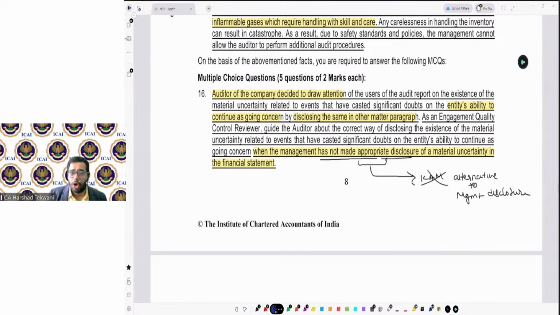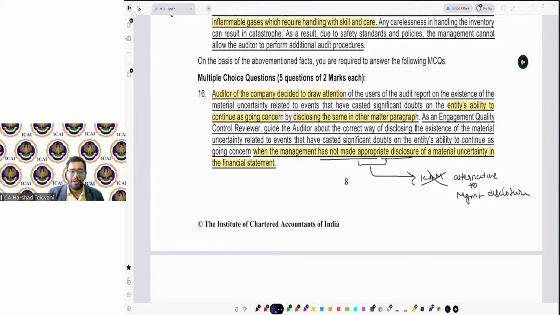If management is not disclosing it, then management is not following the applicable financial reporting framework. That is non-compliance, and accordingly I need to issue a modified opinion, because management has not complied with the appropriate financial reporting framework.